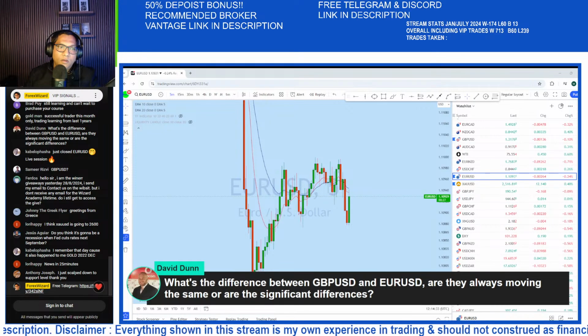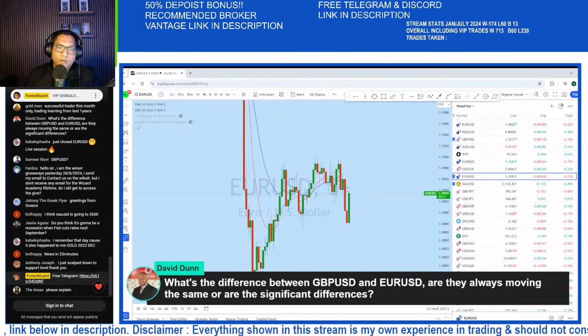Euro dollar is very gentle, while GBP USD sometimes gets very volatile, and GBP USD is very sensitive to news compared to euro dollar.